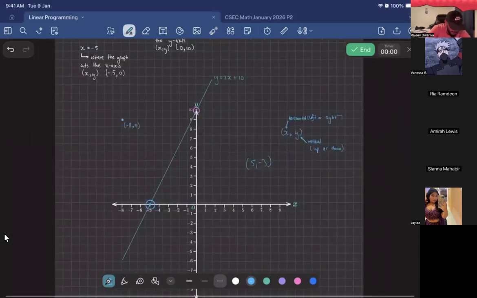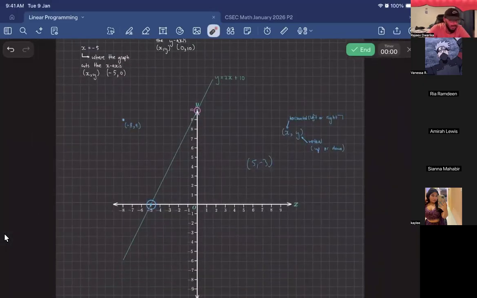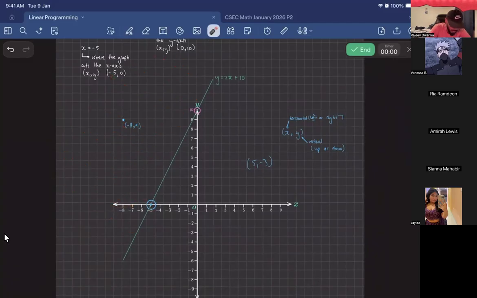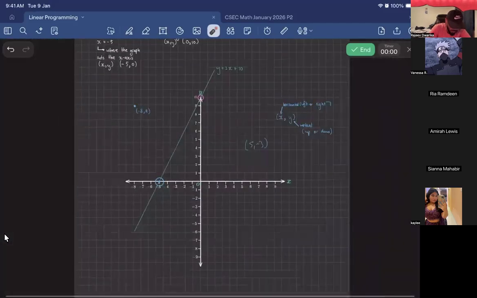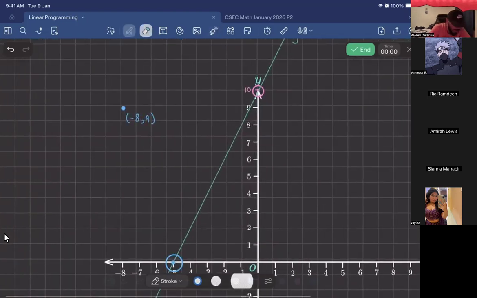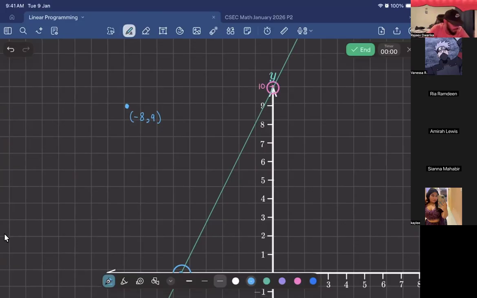Okay, everybody in class, guys, talk to me. Can we see that this point is in this region of the graph? Are you all seeing that? Yes, sir. Okay, great. Now, we're just testing this out to see if it works. What is the x value there?